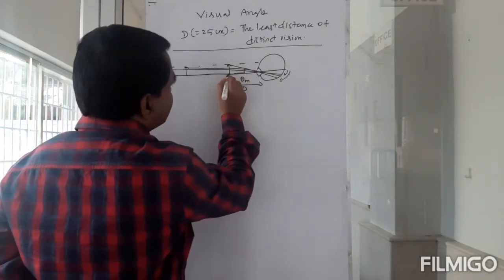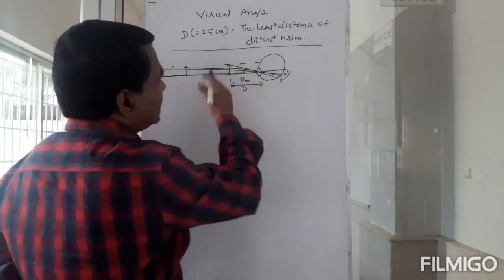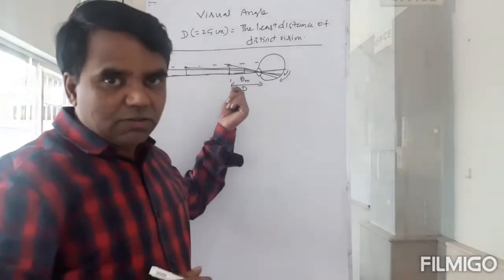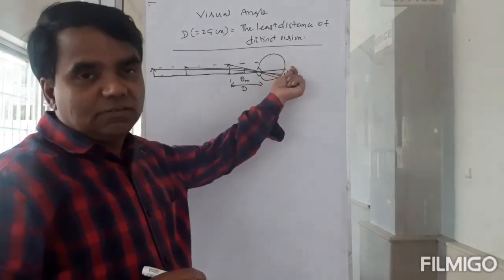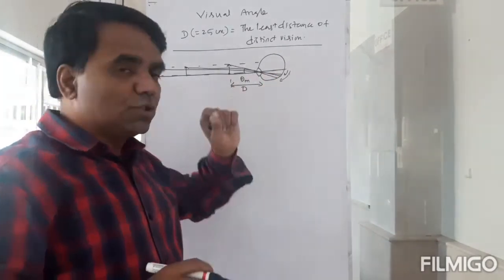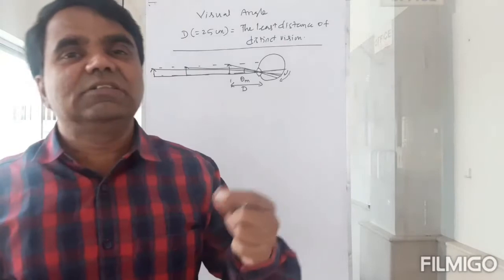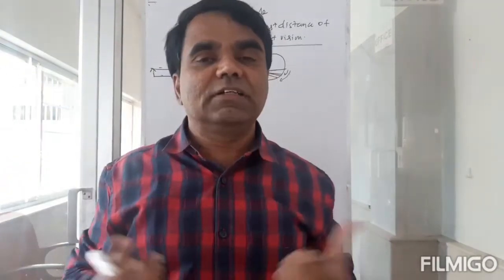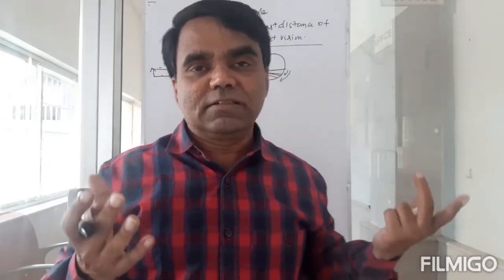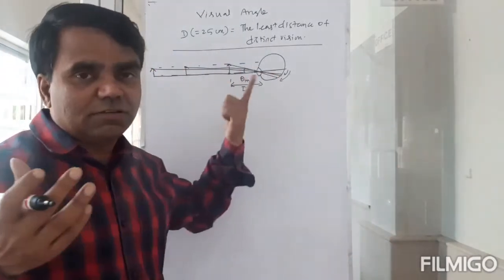Suppose I keep an amoeba here. Clearly, it's a very, very small thing, and it will hardly make any angle inside. It's so small that the light from the amoeba hardly makes any angle, and particularly if it's far away from you, it's definitely not good for making the object visible to you.